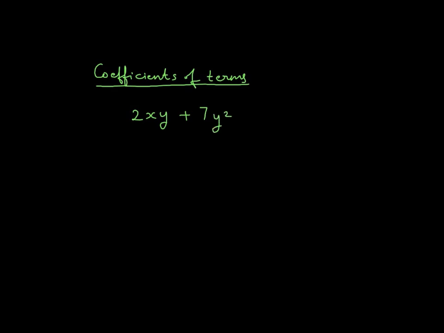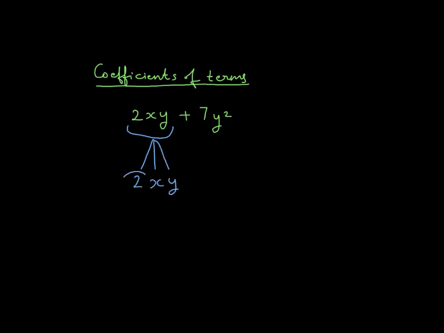Next we have coefficients of terms. An expression is given with two terms, 2xy and 7y square are its two terms. Now, among the factors of the first term, this first term can be factorized as 2 into x into y.